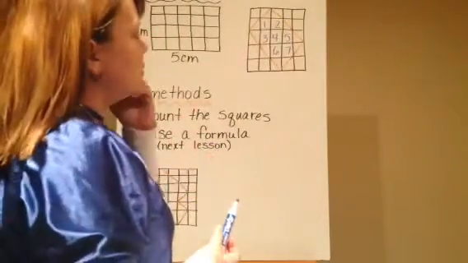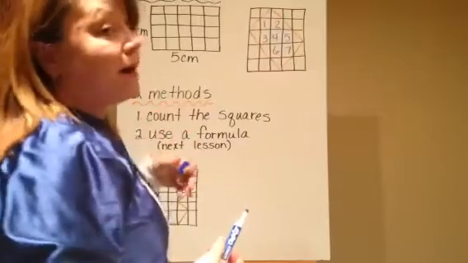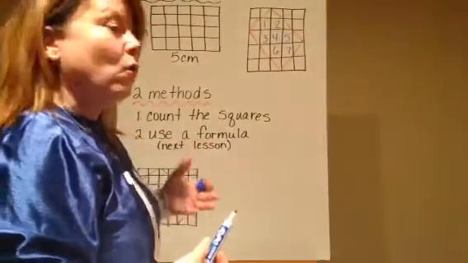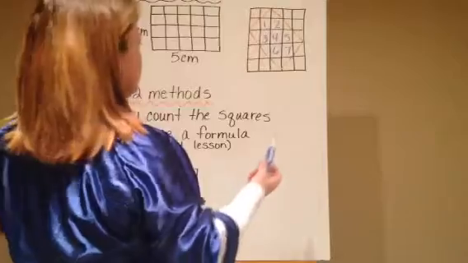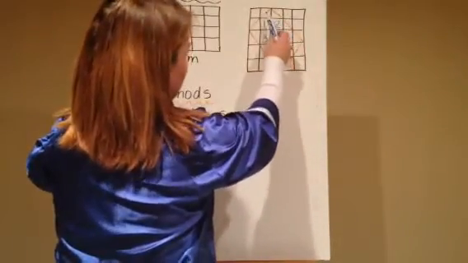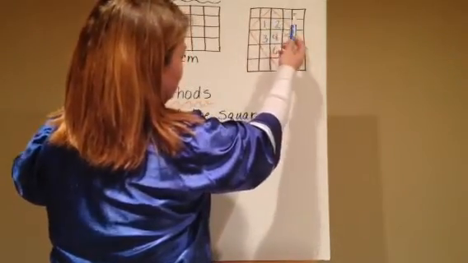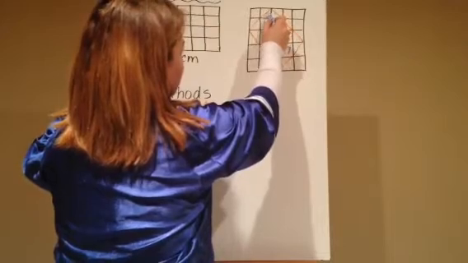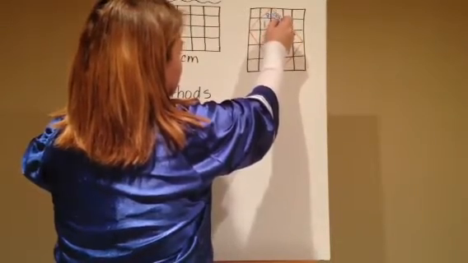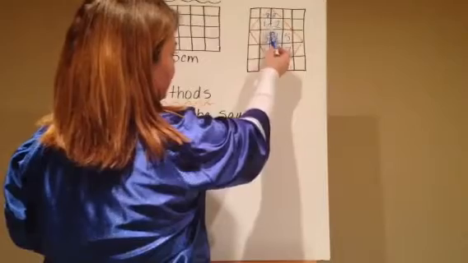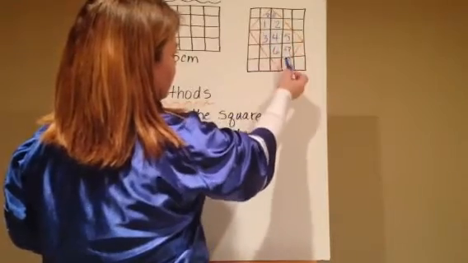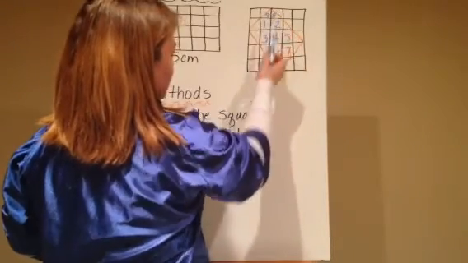Now what I'm going to have to do is go back and count my half squares to make a whole. So if I look up here, I have roughly 2 halves, so I'm going to put an 8 in both of those squares because I counted 7 full squares, so this would make my 8th.